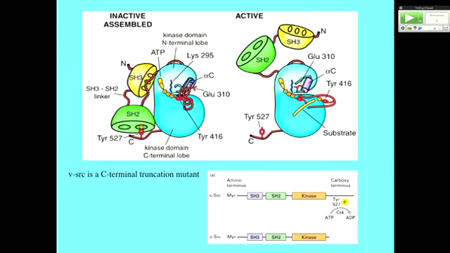So additional mutations that might interfere with this folding process, or really anything that would interfere with the normal folding. If we disrupt the SH2 interaction with the phosphotyrosine, if we disrupt SH3 from interacting with the kinase domain, if we disrupt the folding, we cause an unfolding of the protein, and anything that would cause an unfolding of the protein would activate it.